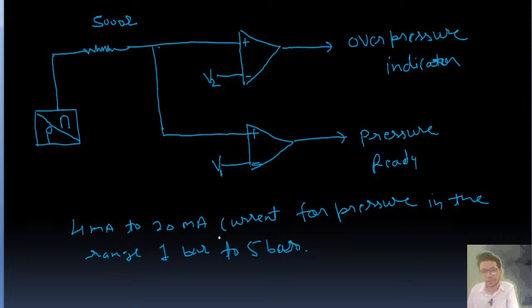So for the pressure range 1 bar to 5 bar, there is a current of 4 milliampere to 20 milliampere.